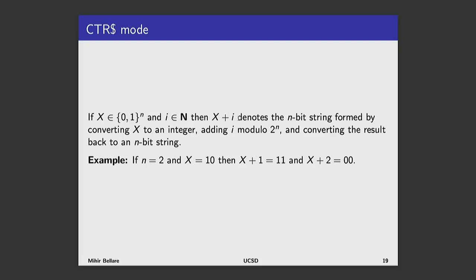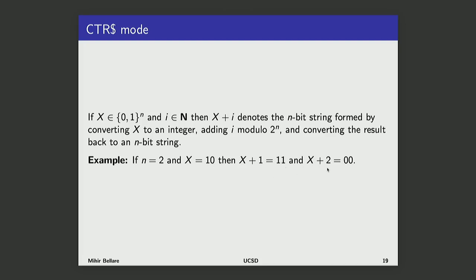So it's not clear what this would mean, but you can probably guess, right? What is x plus 1? Well, think of x as an integer, add 1, and then put it back in binary. So for example, if x was 1, 0, then what does it mean to add 1? I think of this as the integer 2, add 1, get 3, and then convert it to binary, and that's 1, 1.